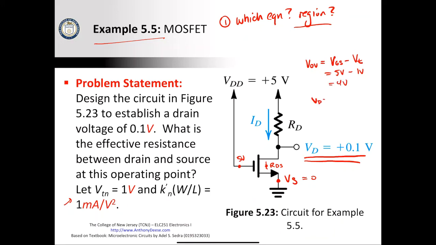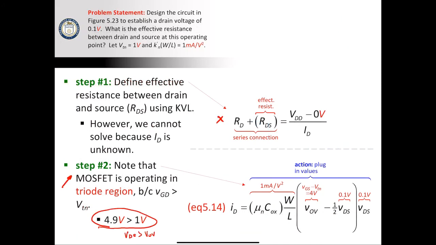Our VDS is going to be 0.1 volt minus 0, so 0.1 volts. And so you can clearly see that VDS is going to be less than VOV, which means we are in the triode region of operation. So we can answer this question, which is nice. Triode region of operation, which means we have to use this equation here.